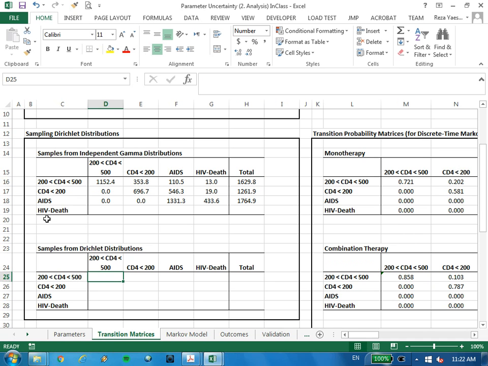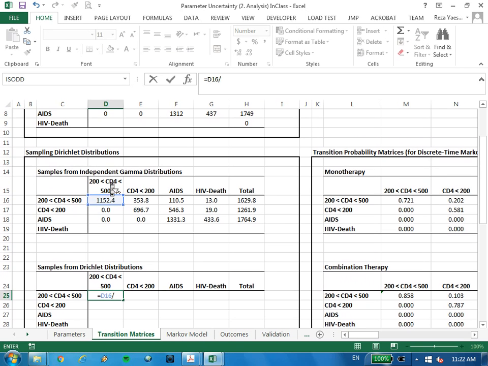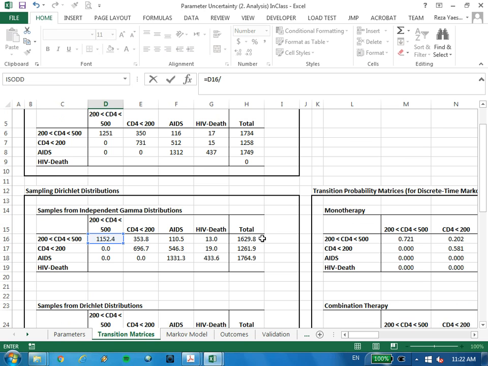And finally, in the second table, we want to generate the samples from the Dirichlet distribution, which is equal to the gamma sample divided by the total.